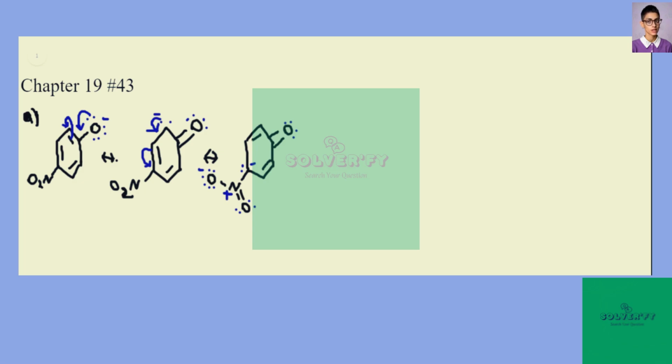So from here, this lone pair can add in here, and this double bond to this oxygen can break. And so we get to this resonance structure, which is really the key resonance structure here.